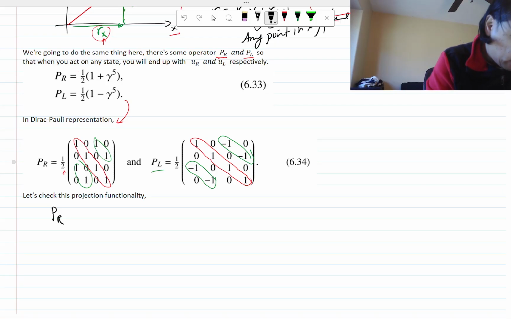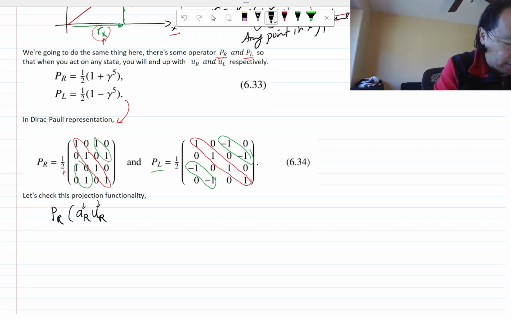Okay, so we're going to apply this operator on something that has an amplitude aR, uR. This is the 4x4 vector spinor. This is just some number in front that tells you how much it is contributing.